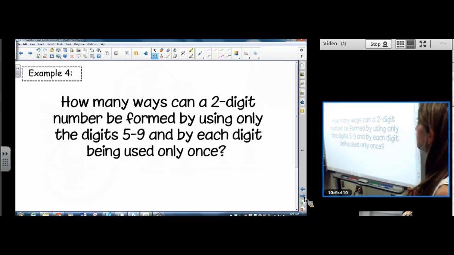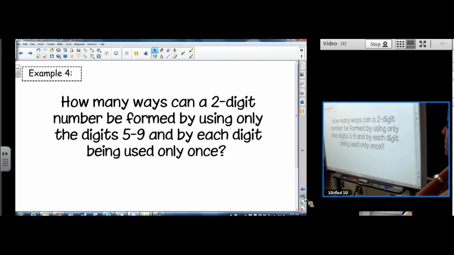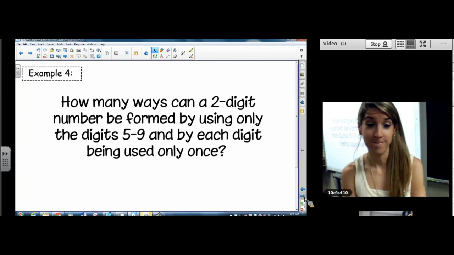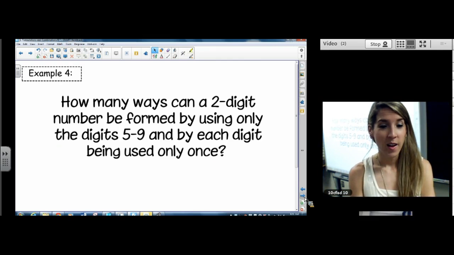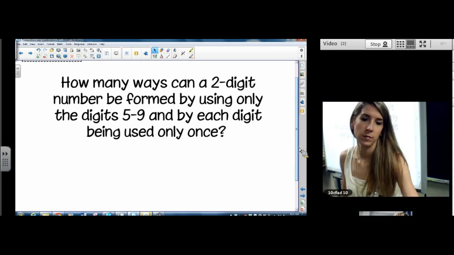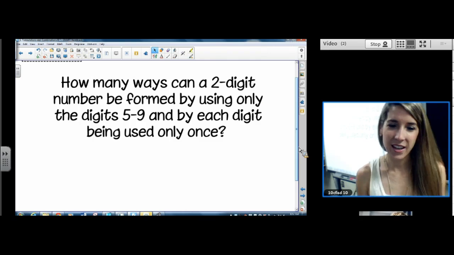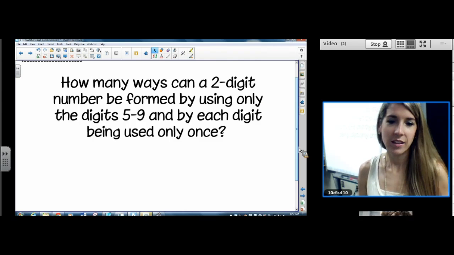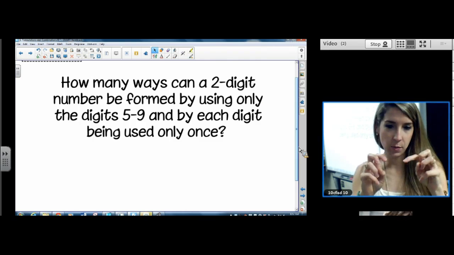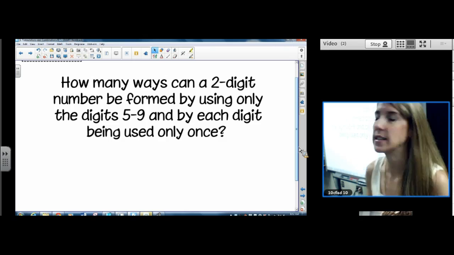How many ways can a 2-digit number be formed by using only the digits 5 through 9 and by each digit being used only once? The P stands for permutation. This one's not so bad because it's just a 2-digit number. Let's do it what I call the common sense way first, and then we'll do the other ways as well.